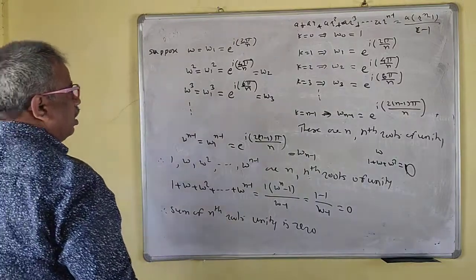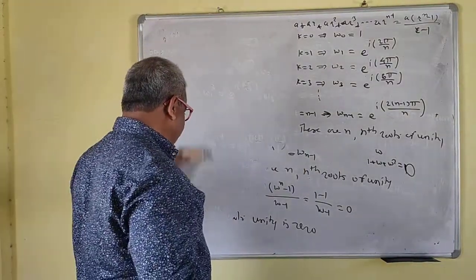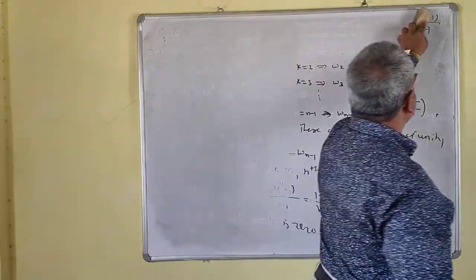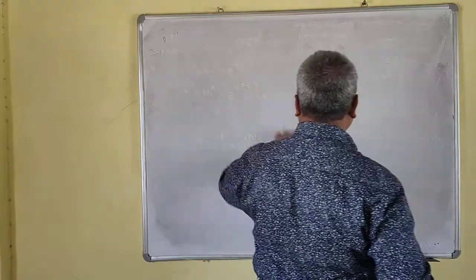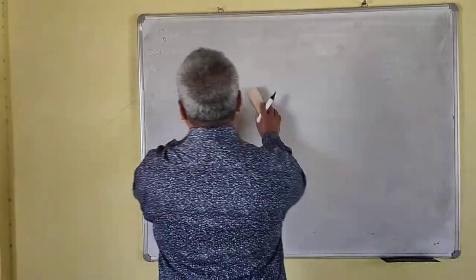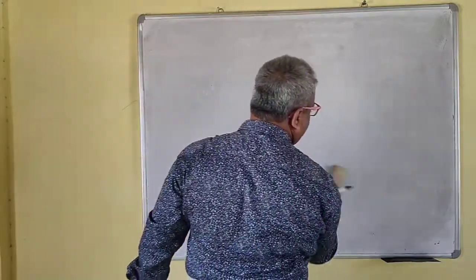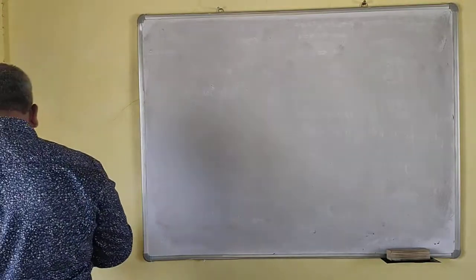How to find the nth roots of unity, how to find the roots of a complex number. Okay, so we'll see how to find the roots of any complex number now. We'll take a complex number and try to find its roots. So we'll take a problem.